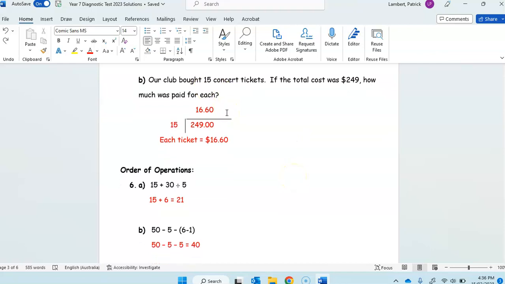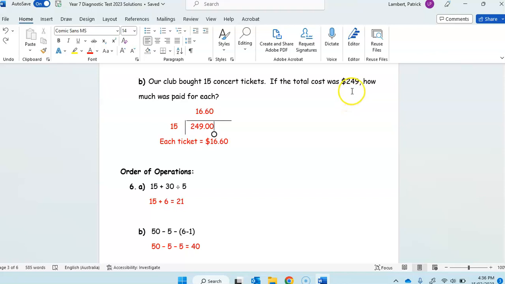And this one has to be in money as well. Our club bought 15 concert tickets. If the total was $249, how much was paid for each one? So this is $249 divided by 15. So we lay it out, there's our decimal point, 2 decimal places because it's money. Right, 15 into 24 will go once, 9 over. 99, and it goes 6 times. 6 times 15 is 90.